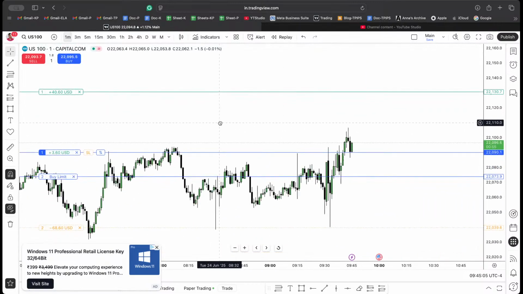It is a low hanging target, and we can see that the order is actually filled. And we will wait for the market to reach the liquidity which is sitting here.